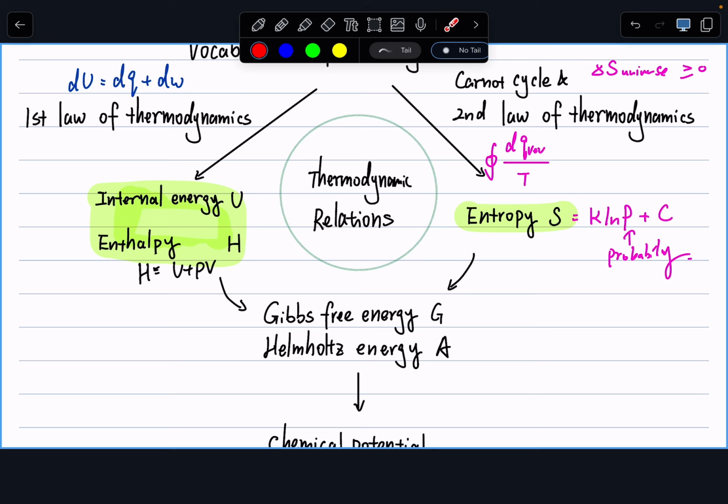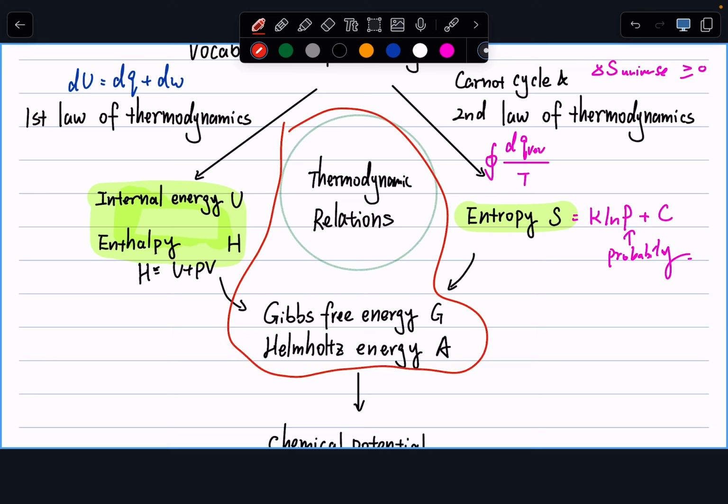So for that to happen, we went over our chapter 4. In chapter 4, we started by defining our Gibbs free energy and the Helmholtz energy. These are the two new state functions we defined: G equals H minus TS, A equals U minus TS. We went over the discussion of what exactly my Gibbs free energy and my Helmholtz energy are.